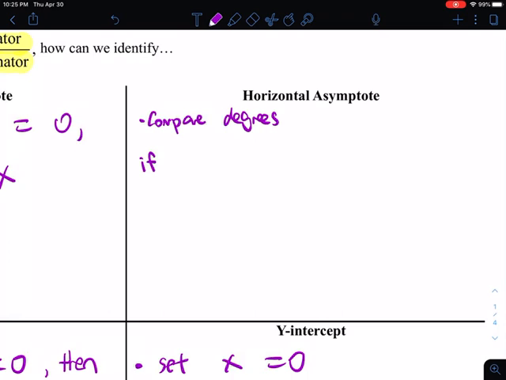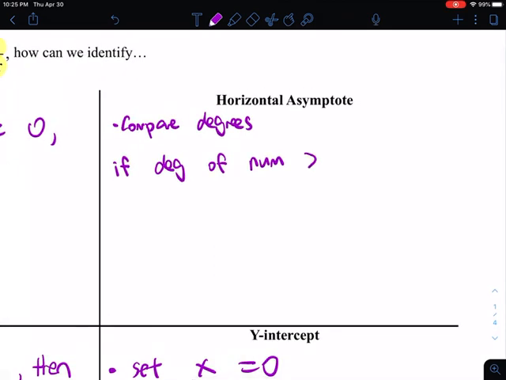So compare degrees. If the degree of the numerator, the top, is bigger than the degree of the denominator, then there is no horizontal asymptote. That's the first case.